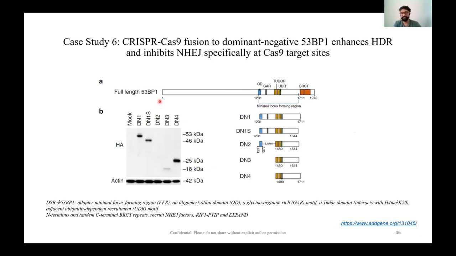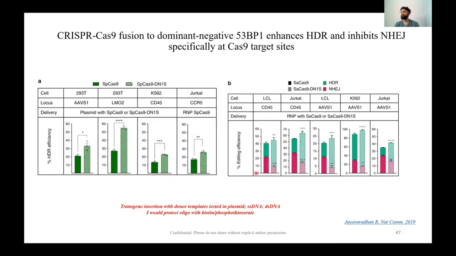The second thing it does is it also increases the efficiency, because right now you do not have to non-specifically block all these pathways. Only specifically block at the site of insertion, transiently, just for 24 hours, right? So this is the version that I would really recommend that you use as well, the DN1S version. Here's the Addgene link basically for this plasmid.